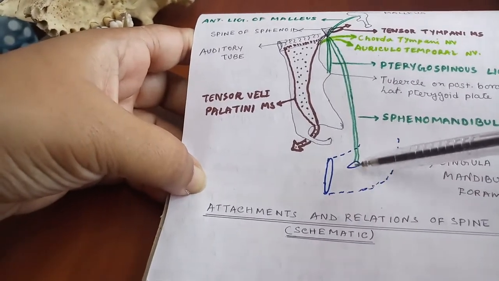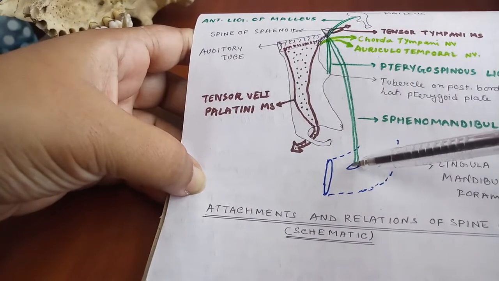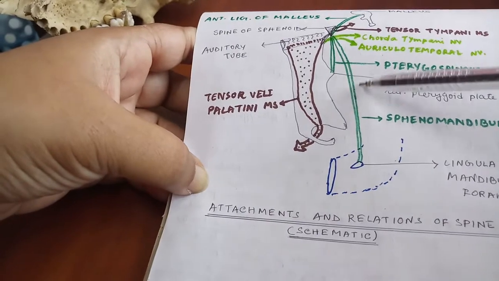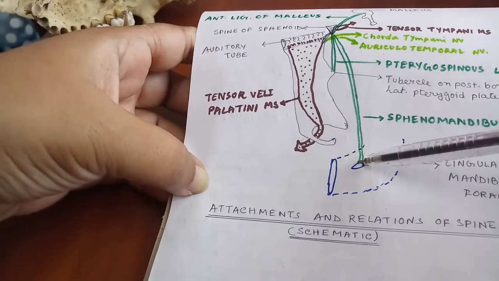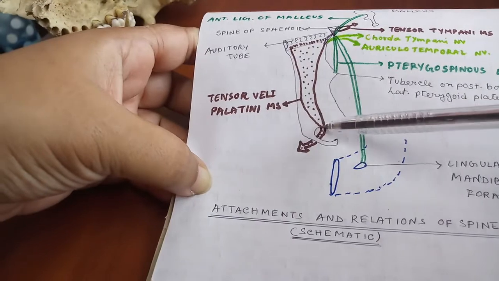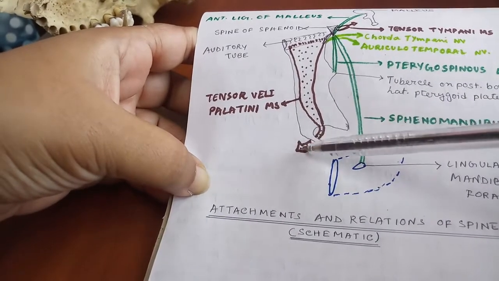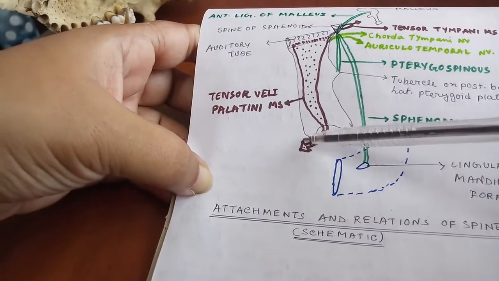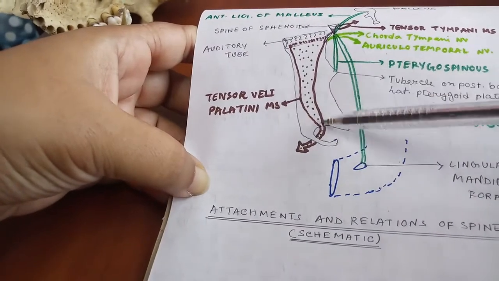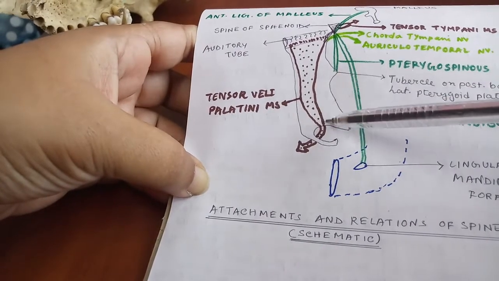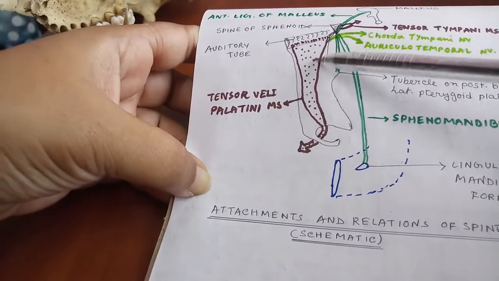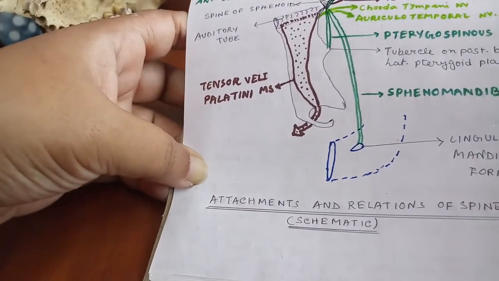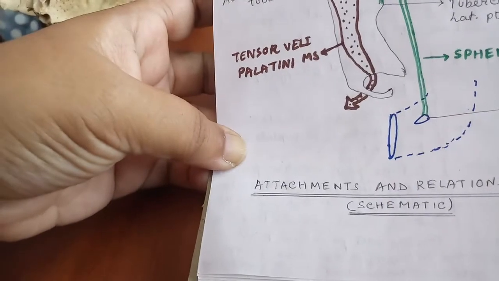On the inner surface of the mandible, the mandibular foramen is guarded by the lingula, a bony spicule, and this is attached by the ligament. The tensor veli palatini winds around the hook of the pterygoid hamulus. This depicts the attachments and relationships in the schematic diagram for the spine.